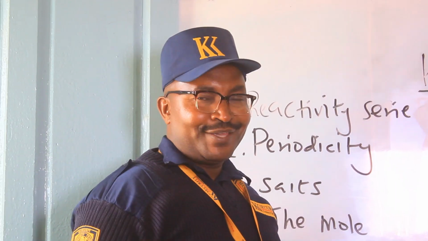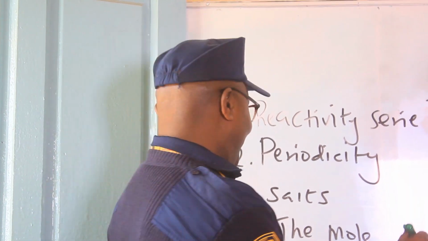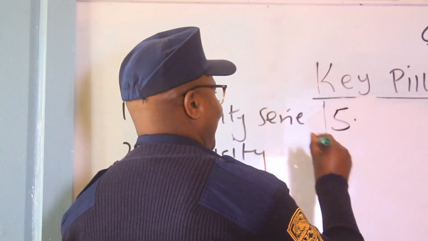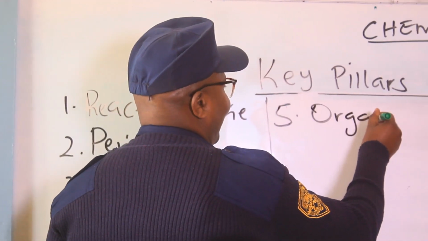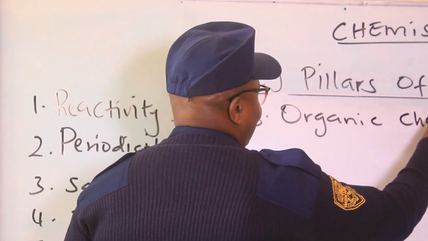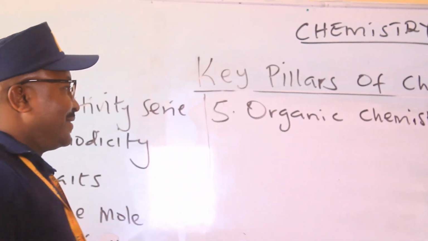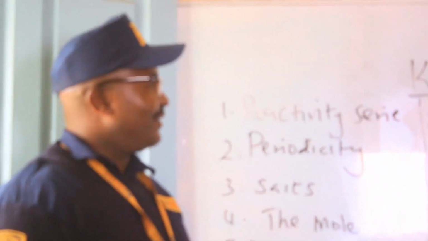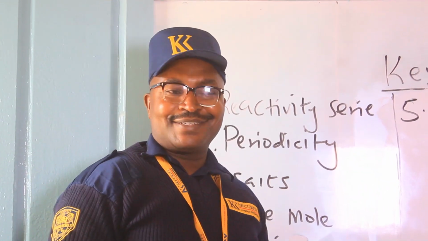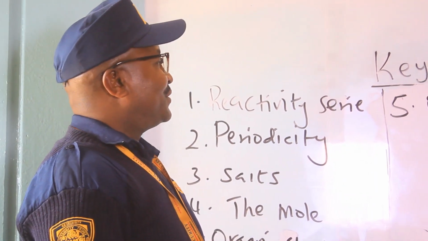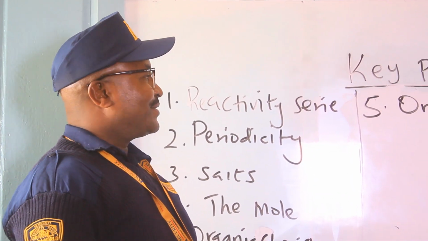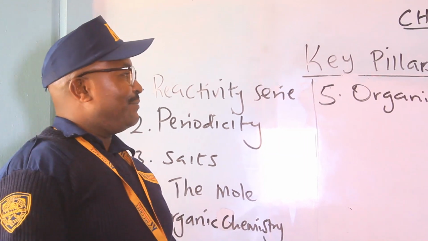The fifth key pillar of chemistry is what you call organic chemistry. In fact, this is one of the areas that I like very much because it made me love chemistry.